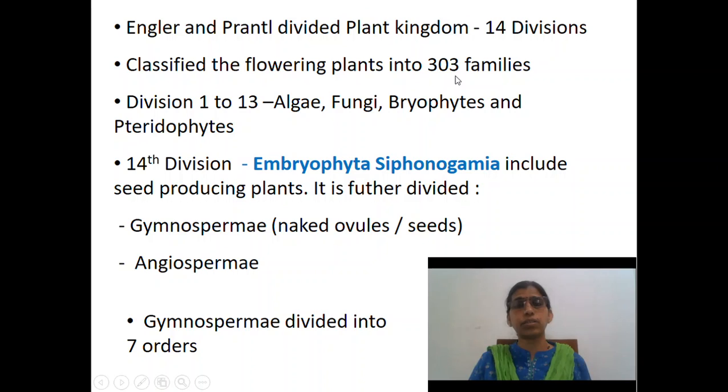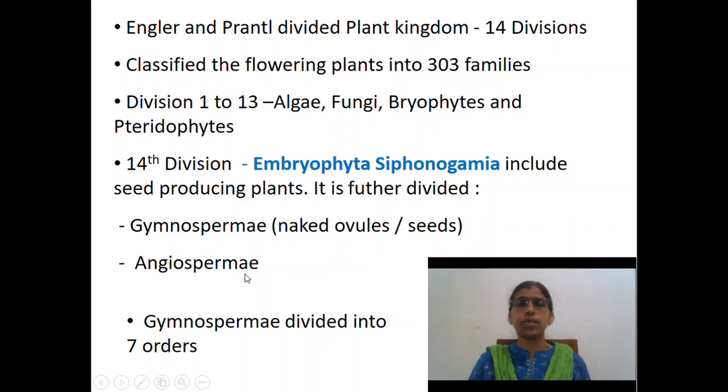The first 13 divisions included the algae, fungi, bryophytes and the pteridophytes. The 14th division is the Embryophyta Siphonogamma, the seed-bearing plants, that is Spermatophyta. It is divided into two subdivisions, Gymnospermae and Angiospermae.